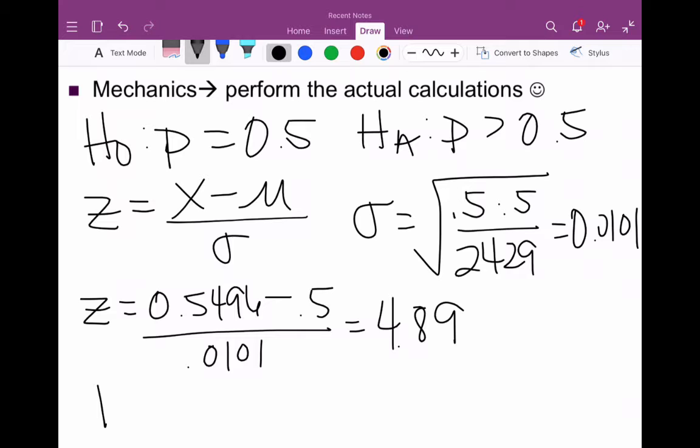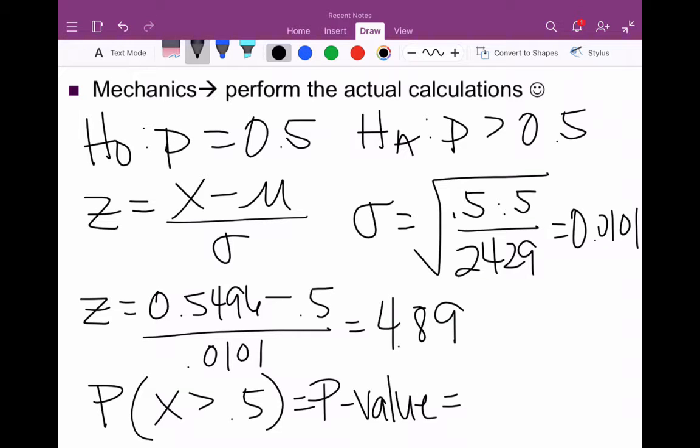So in this case, the probability that x is greater than 0.5, which is equal to my p-value, is equal to 0. And there are 6 zeros there, and then 5. And this is basically 0. What this p-value means is that there is essentially a 0% chance that the home team would win 54.96% of the time if there were no home field advantage.